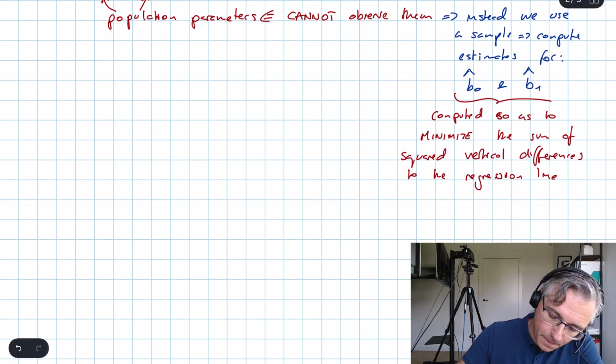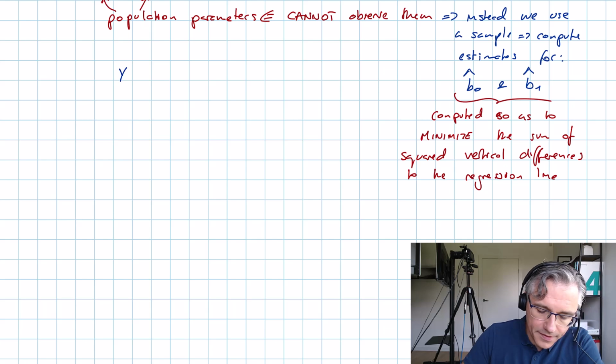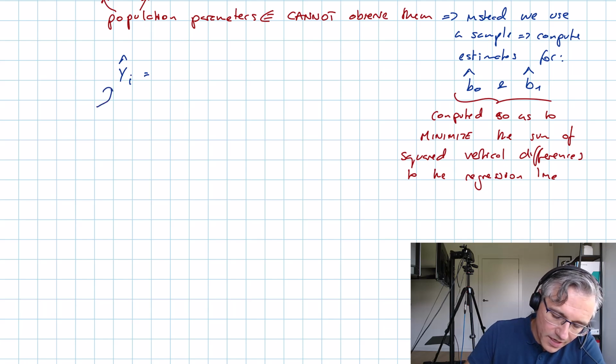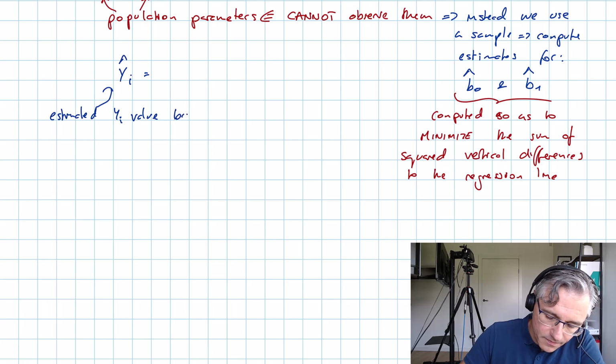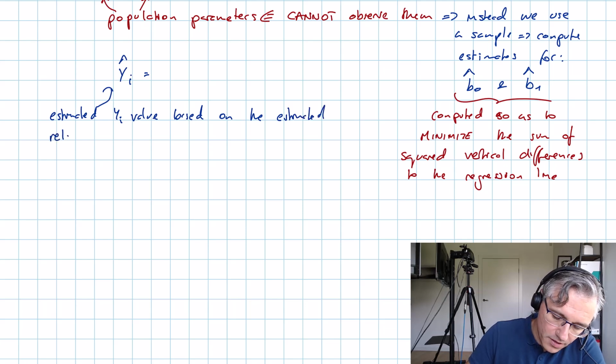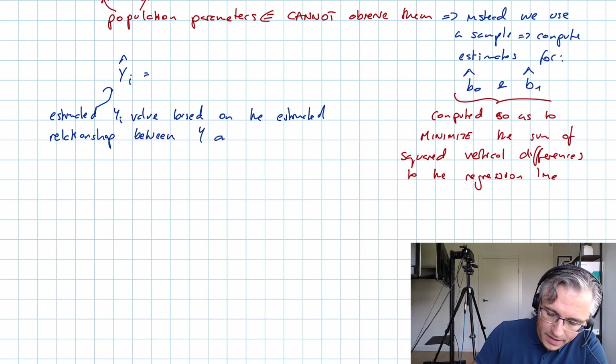Effectively, we get a function where we have an estimated y value based on the estimated relationship between y and x.